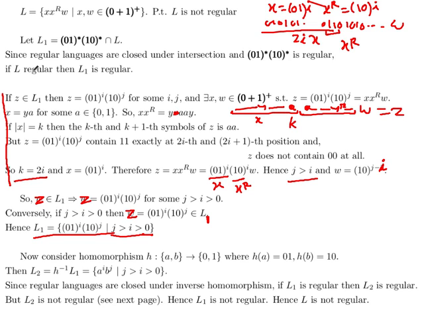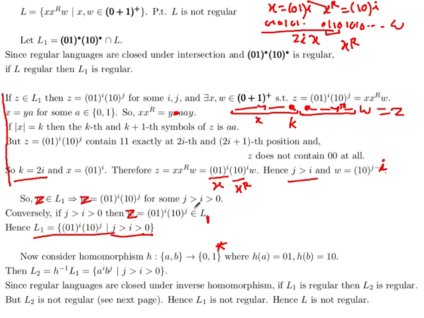So how do we now prove that this L1 is not regular? Now we take help of homomorphism. You remember what homomorphisms were? They were maps from some alphabet to the strings over some other alphabet.